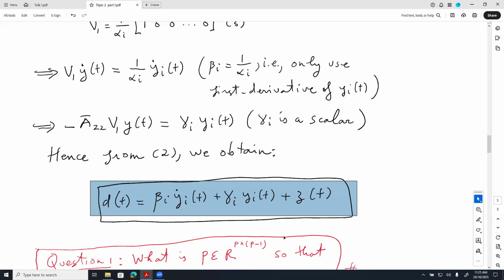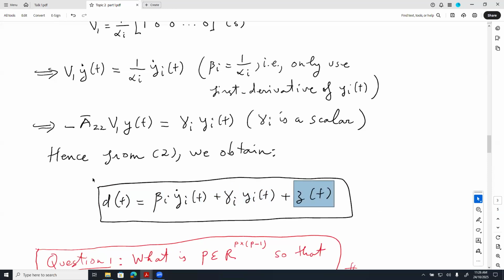Now, in this seamless form, as we can see, it contains only the first derivative of the output measurement yi of t. It contains a single output measurement yi of t, and it contains a linear function of the state vector x1 bar of t.